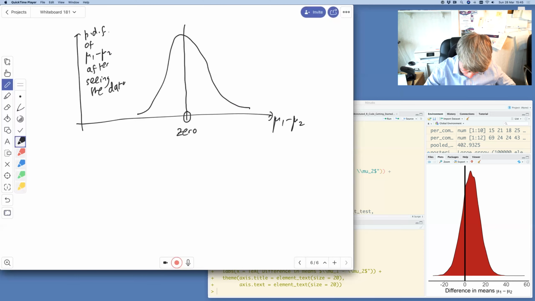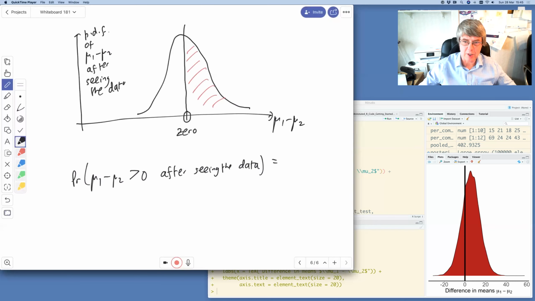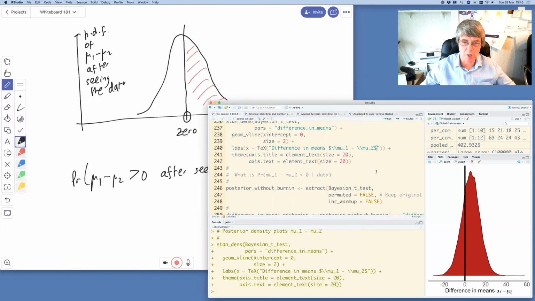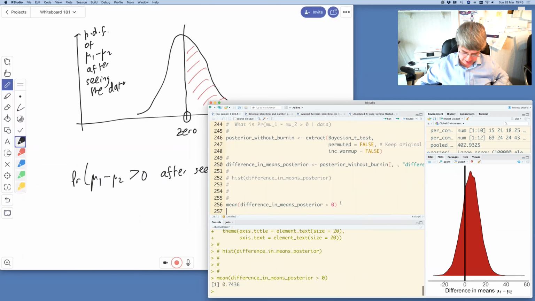But we can also ask ourselves the question, what's the probability, just as an example, that mu1 minus mu2 is greater than 0 after seeing the data? The Stan software will do that for us, and the answer turns out to be 0.74.